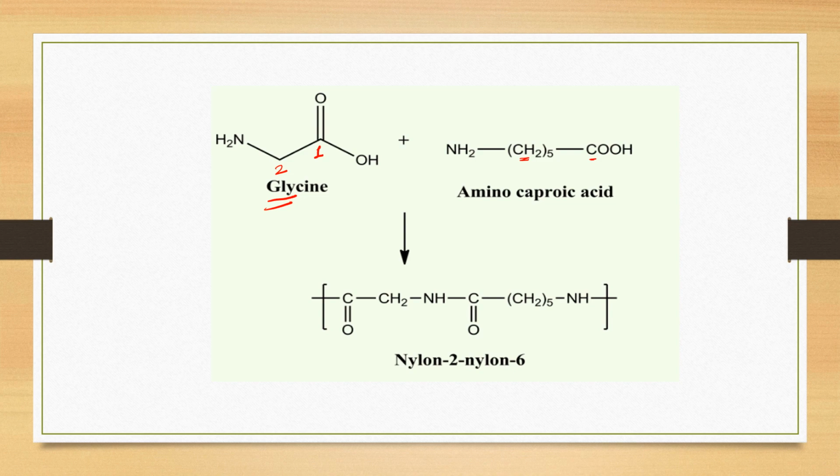So these two monomers, glycine and amino caproic acid, undergo polymerization under some conditions of temperature and pressure, which are very essential, and it leads to the formation of nylon 2, nylon 6. This leads to the biodegradable polymer formation. So this is all about this video.